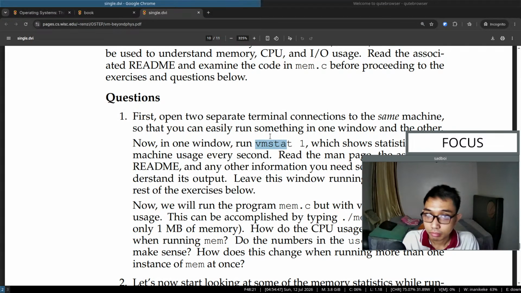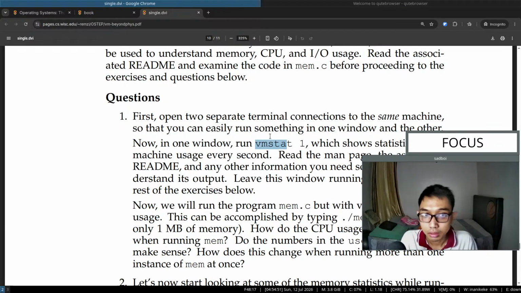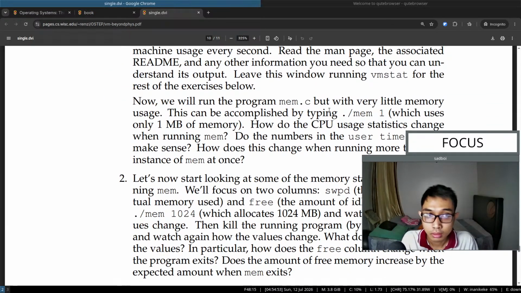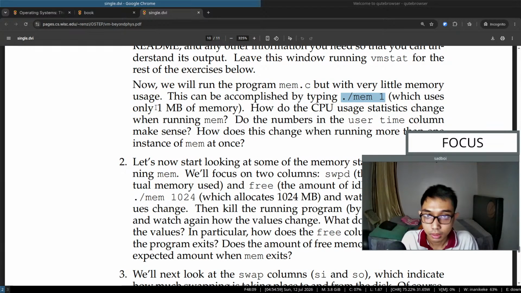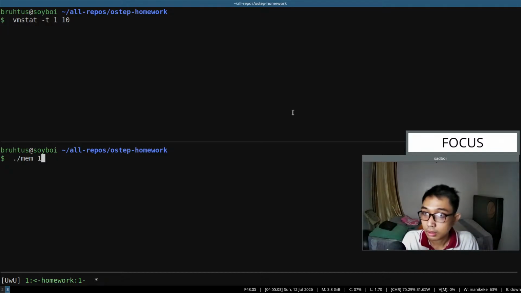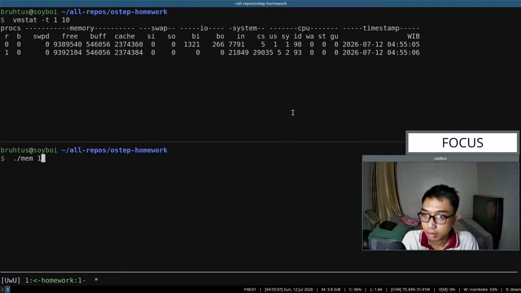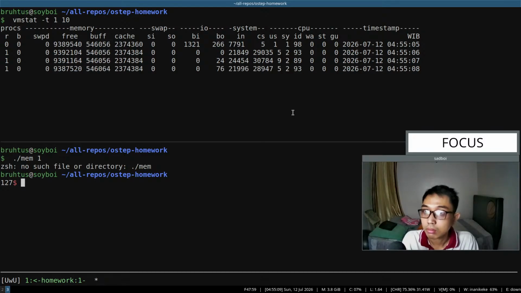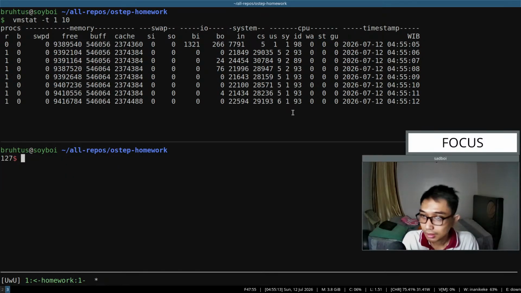Bottom mem here. Well, let's try with the 1 megabyte memory. Alright. And then this one, I guess. Oh, no. Okay.